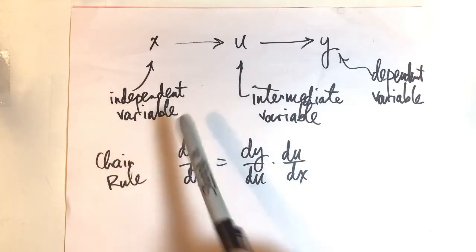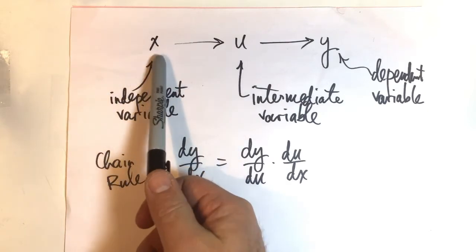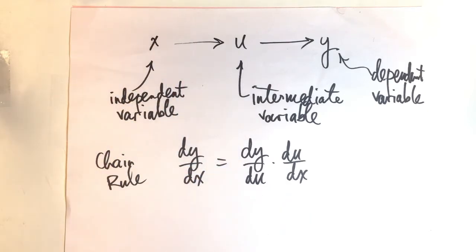Also, when you try to decide what your variables are, what depends on what, it requires some thought, of course. Often time is the independent variable. If time appears, it usually will be the independent variable, often, not always. Some problems do not even involve time.